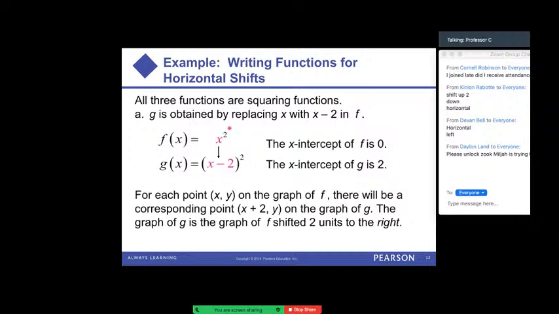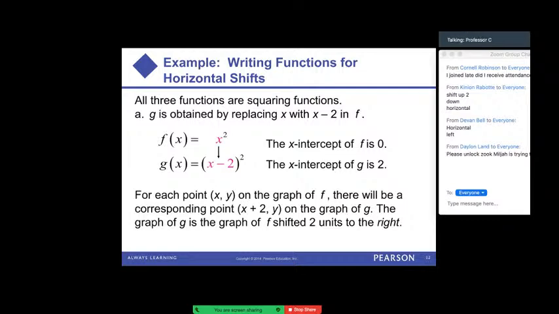So we have our basic function x squared, and we subtracted 2 on the inside. And so it says the x-intercept of this is 2, right? The vertex here originally was at the origin, but now the vertex is at positive 2. So for each point x comma y on the graph of f, there will be a corresponding point x plus 2 comma y on the graph of g.